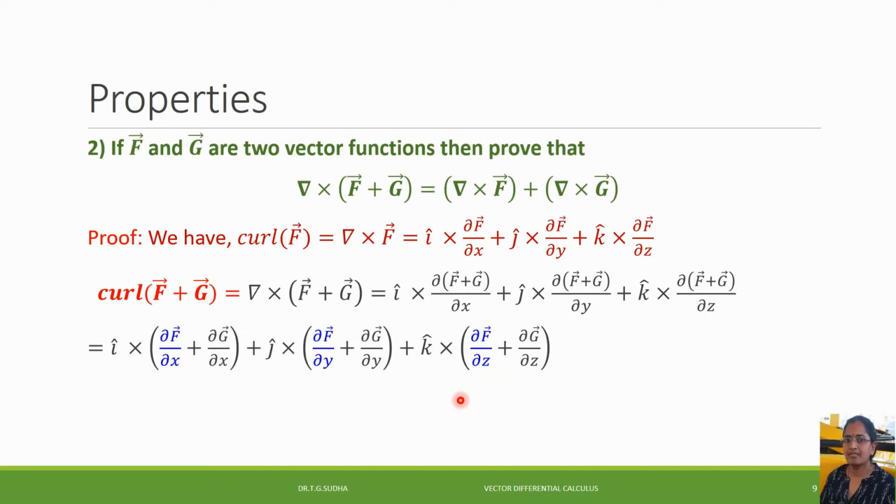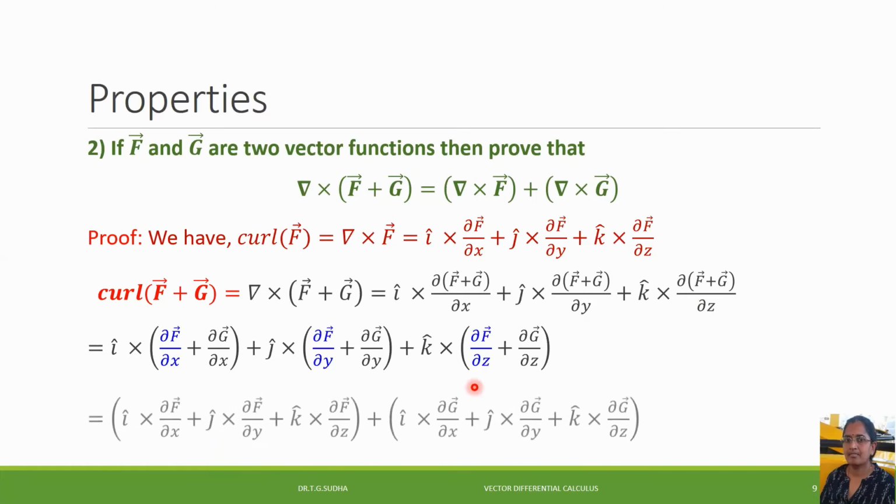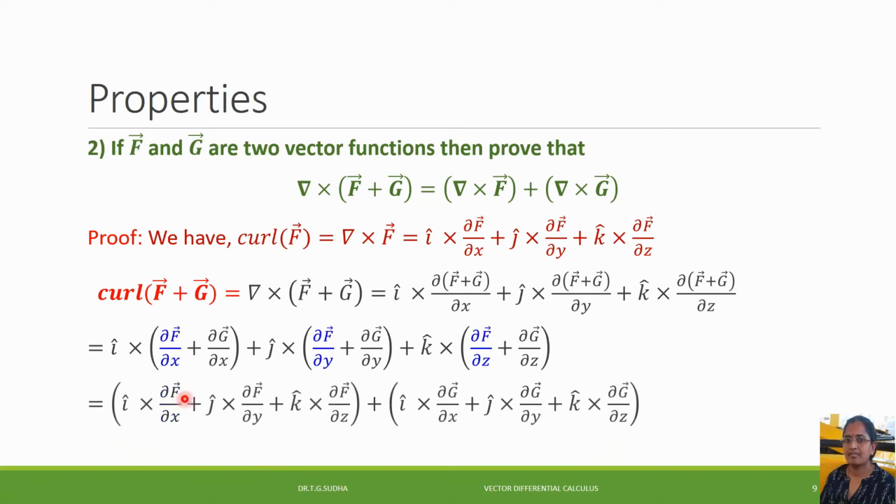Now let us collect the terms containing the vector f. So we get i cross dou f by dou x plus j cross dou f by dou y plus k cross dou f by dou z. Similarly, let us collect the terms containing vector g: i cross dou g by dou x plus j cross dou g by dou y plus k cross dou g by dou z.